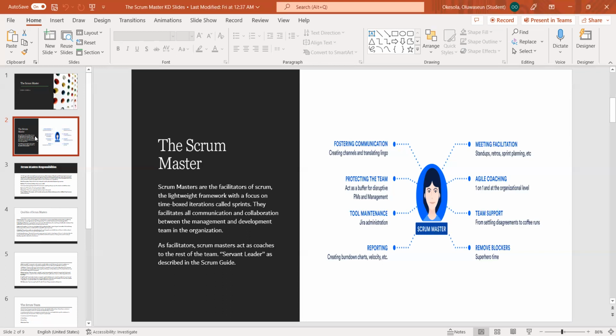The Scrum Master facilitates the Scrum ceremonies. We have the daily stand-up. He ensures that the team is gathered and they have their daily stand-up for 15 minutes every day in the same place, especially when the team is just forming. It's the responsibility of the Scrum Master to ensure that they are living Scrum.